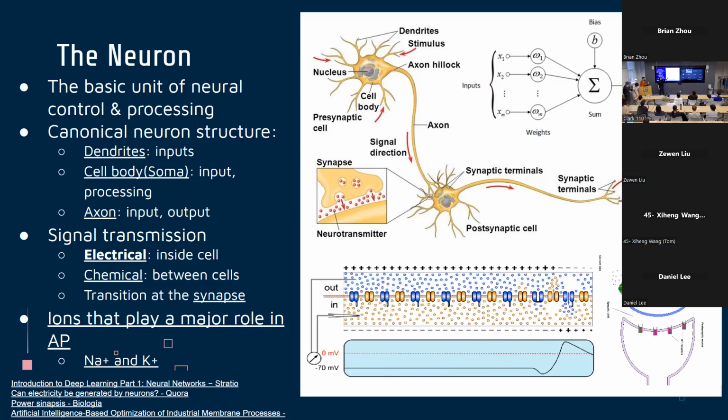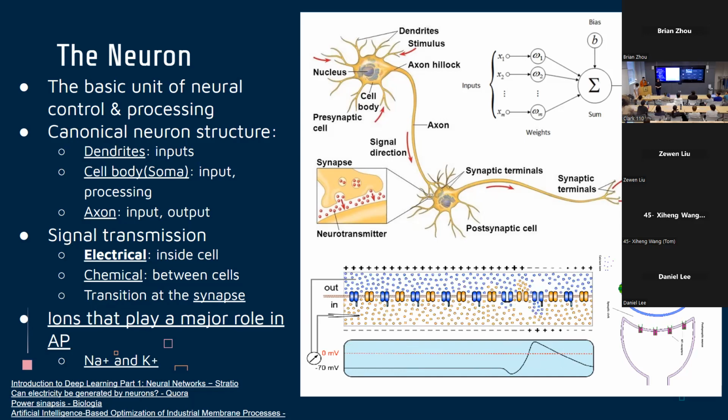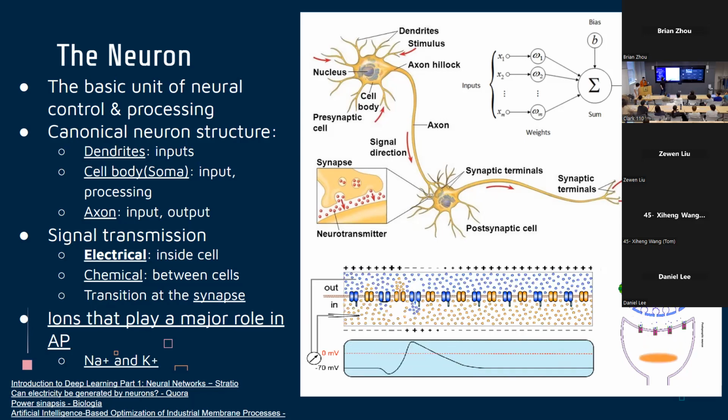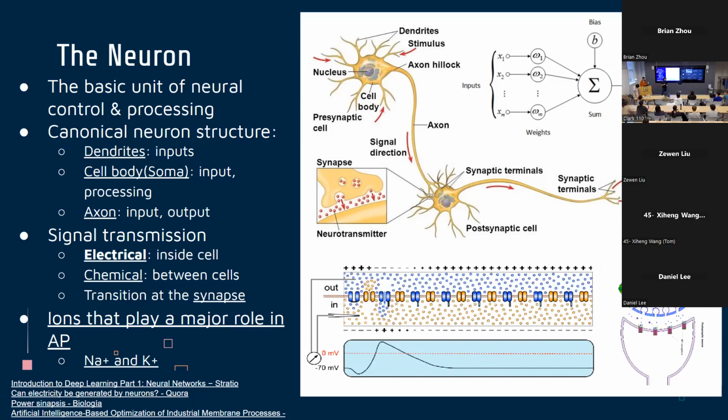So an axon, again, is not a copper wire. There are no charged particles going down the axon. Instead, they travel across the cell membranes, and what's actually being passed down is a voltage spike that travels down the axon. That's the electrical way that signal is being transferred along the nervous system.